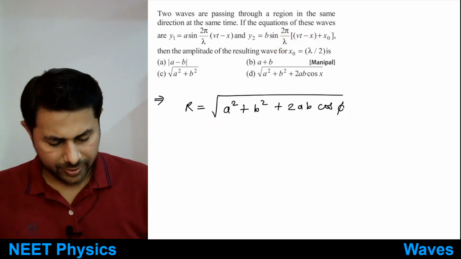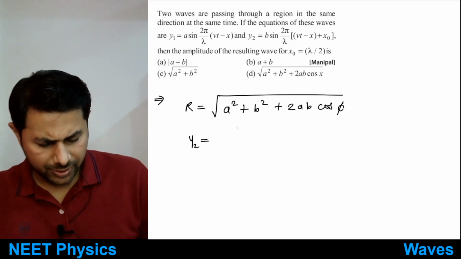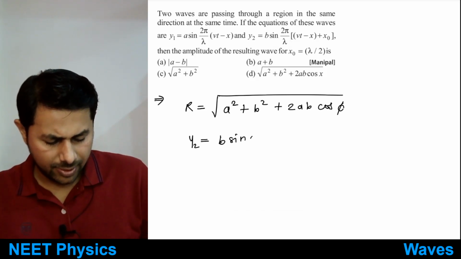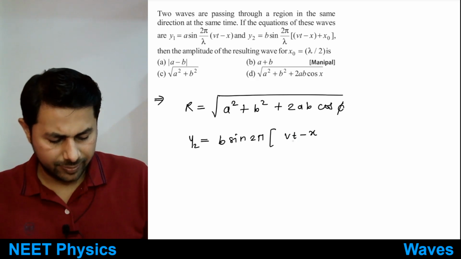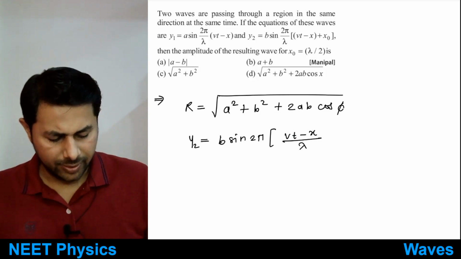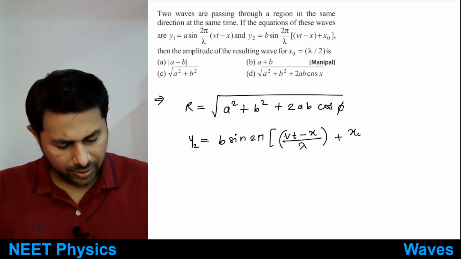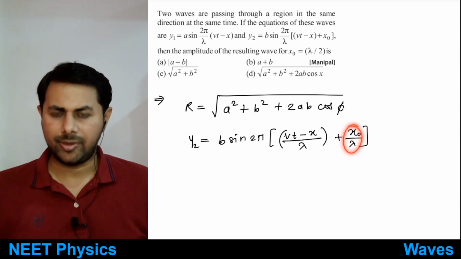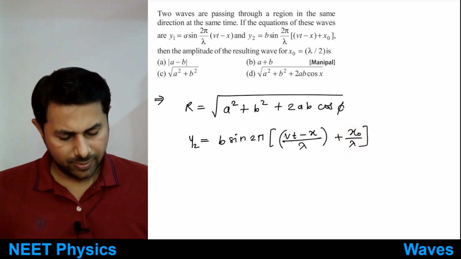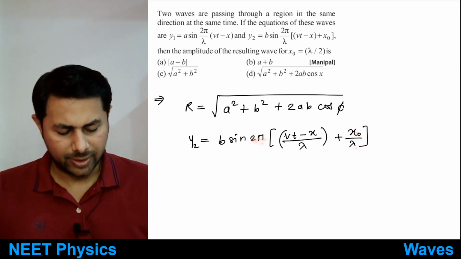So we get y2 is equal to b sine of 2 pi multiplied by (vt minus x by lambda plus x naught by lambda). So this is the phase difference between the two. Actually the phase difference would be 2 pi x naught by lambda.